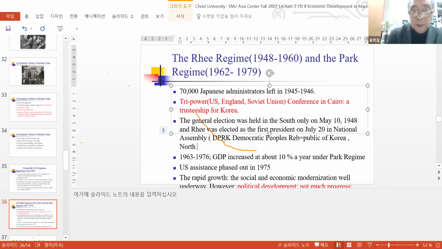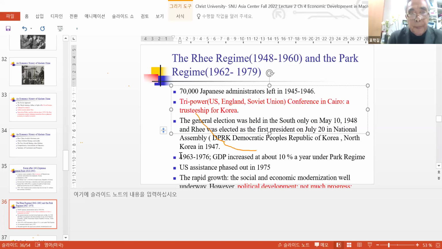North Korean government was established. So the story below is only for South Korea.